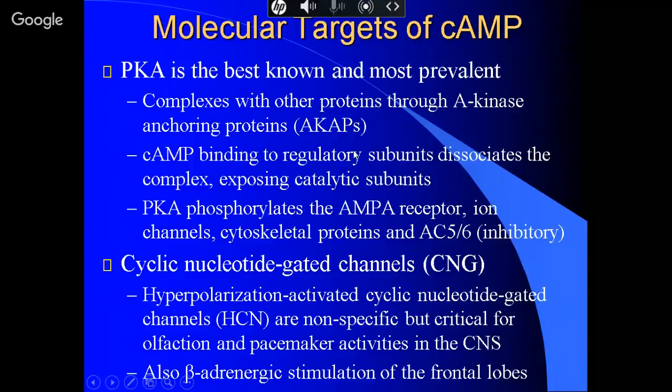And then you bind the cyclic AMP to the regulatory subunit, which then dissociates the complex, lets the protein kinase A go, and it releases it to become active. And then once loose, the protein kinase A, as a kinase, phosphorylates anything that it wants, okay? AMPA receptors, ion channels, cytoskeletal proteins. It can feed back on other adenylate cyclases.